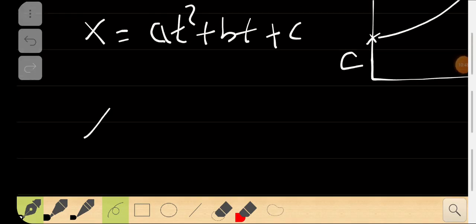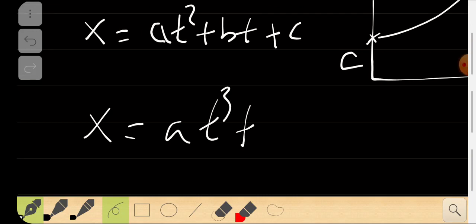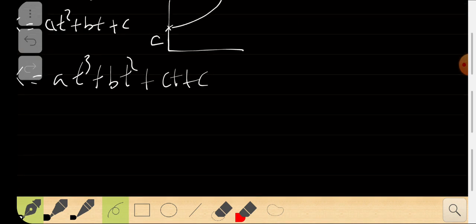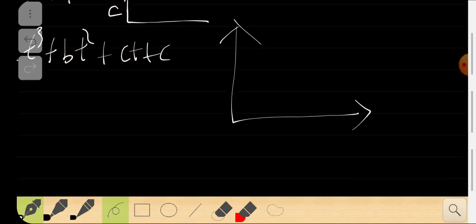Now if you go to higher order, which is a t cube plus b t square plus c t plus d, this curve might, not necessarily, but can have a curvature like that, a dip and an up.